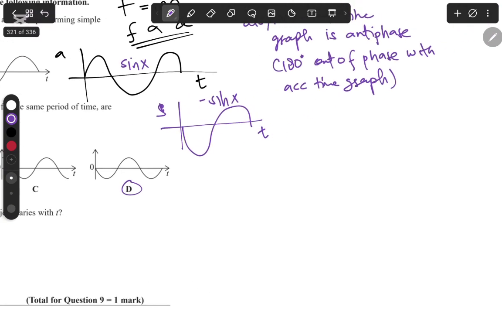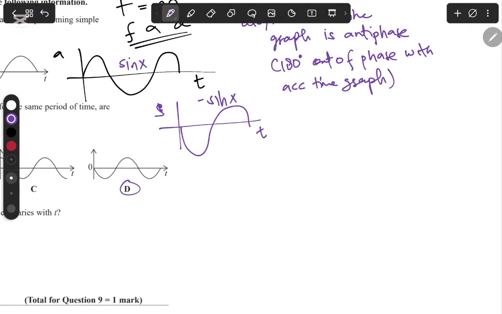From this graph, I can take the gradient and plot the velocity time graph. Here we go from max gradient to zero gradient, and remember, the gradient here will be negative. So we go from a negative gradient to 0, then into a positive gradient, then again to 0, and then to a negative gradient.